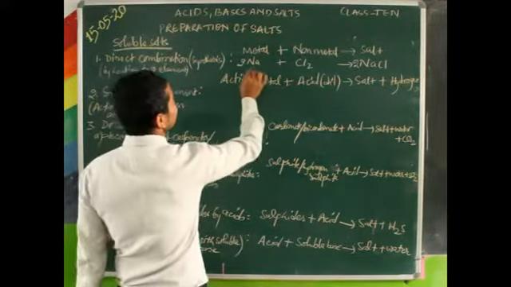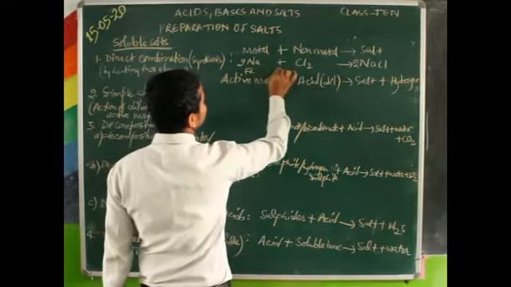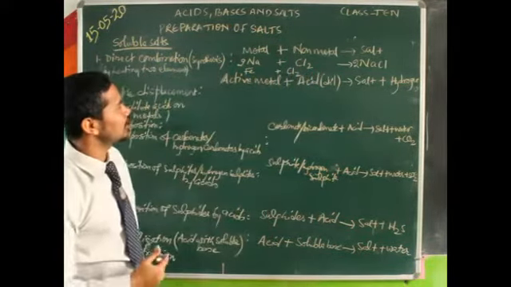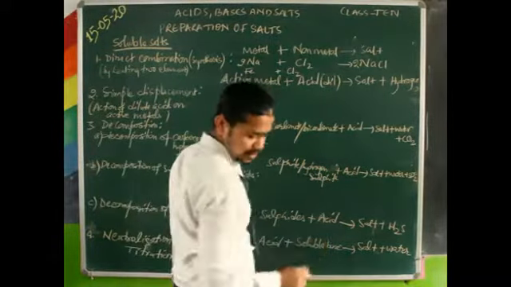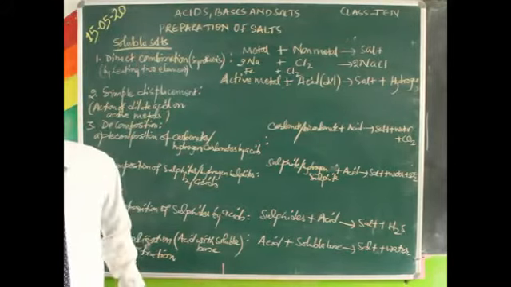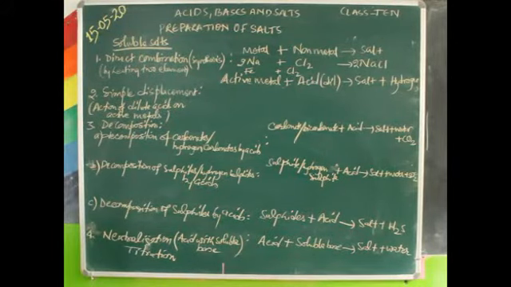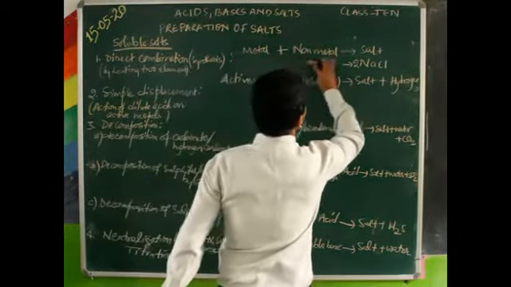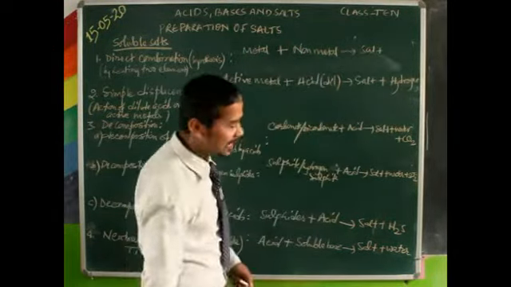Another example: iron plus chlorine. Iron is a metal, chlorine is non-metal. So if this is reacting, then one is Na plus Cl2 gives NaCl.